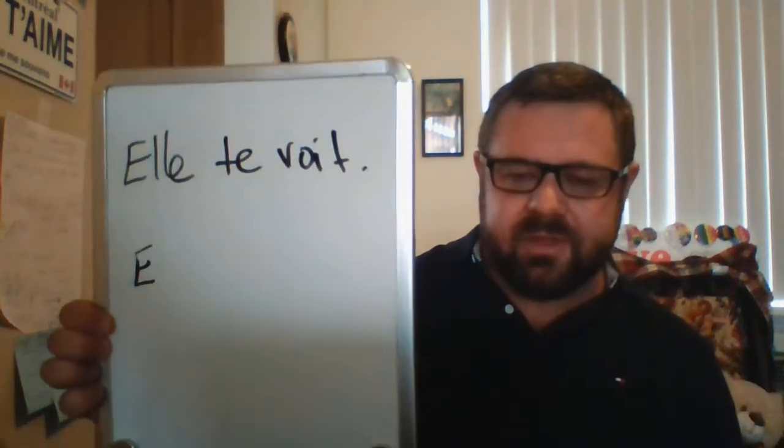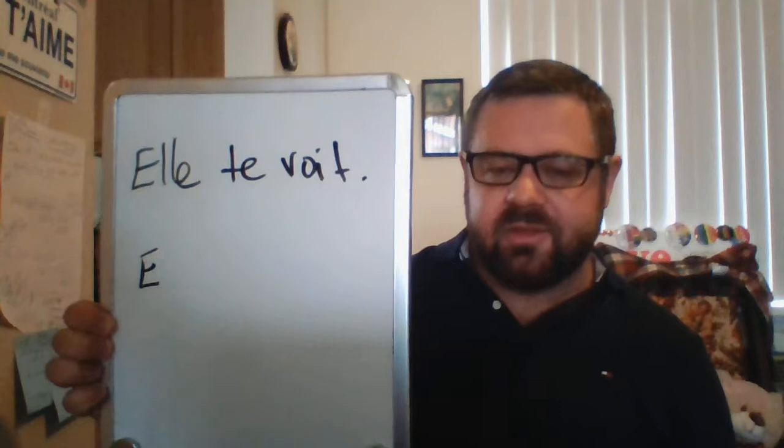How do we say I love you? Normally it'd be te, right? She sees you. Elle te voit. So te would be you, right? You are receiving the action of the verb voir. She sees you. Elle te voit. But she loves you. Elle t'aime, right?